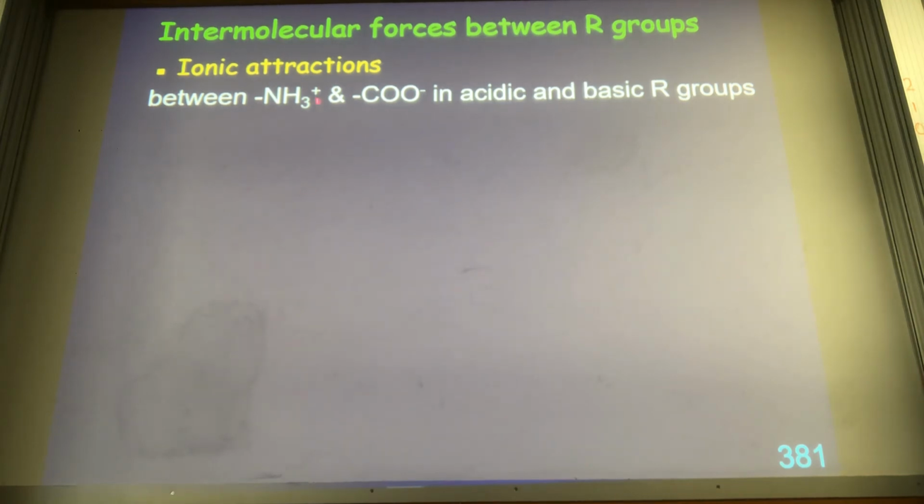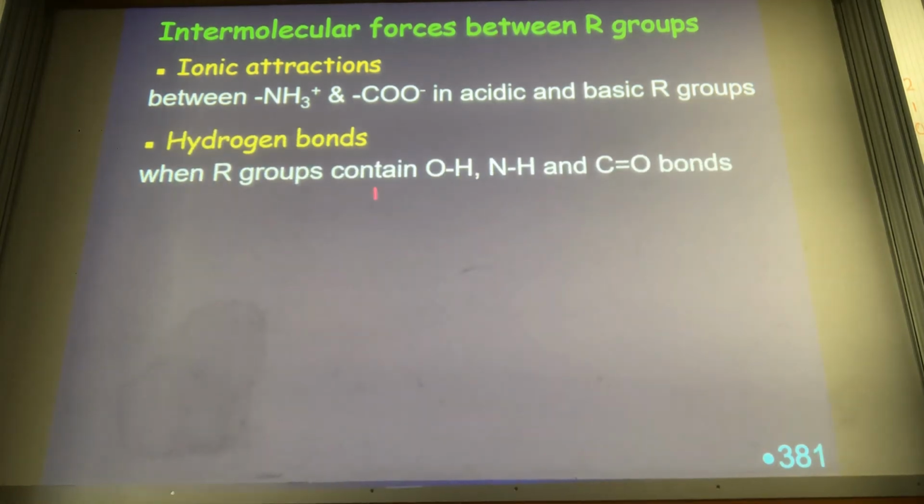Ionic interactions, where we've got a basic group in its cation form and an acidic group in its anion form. They're full on ions, so there's going to be quite a strong attraction happening there.